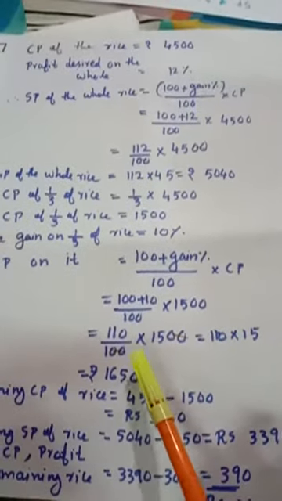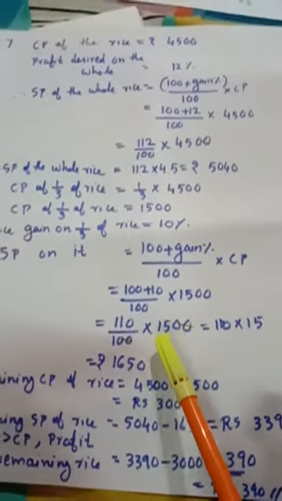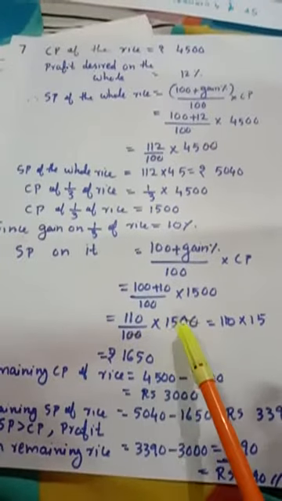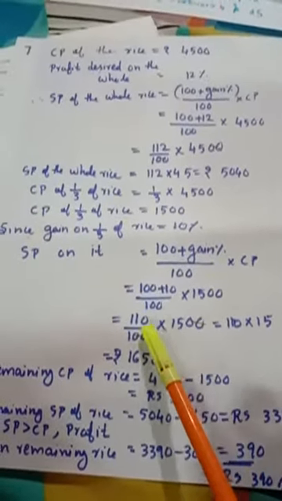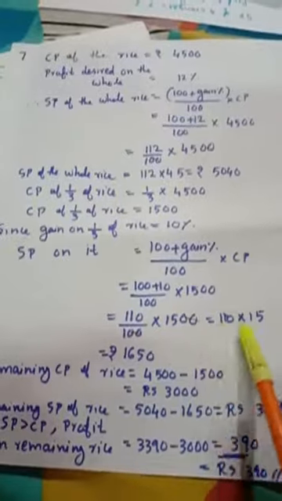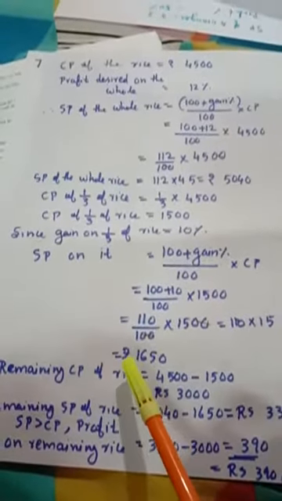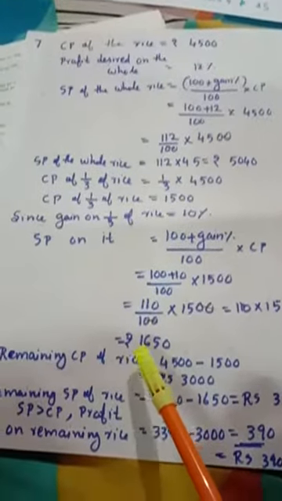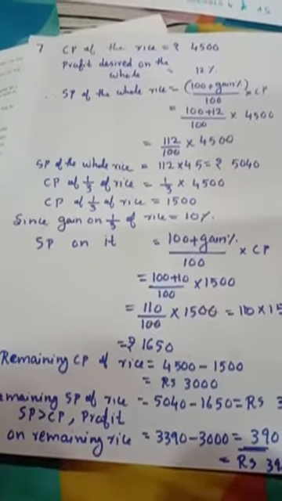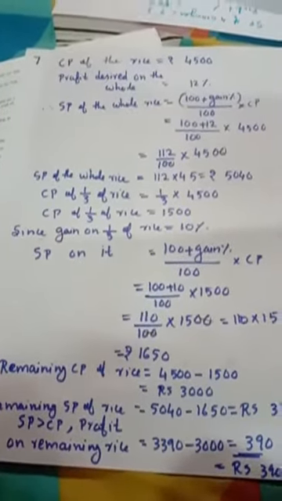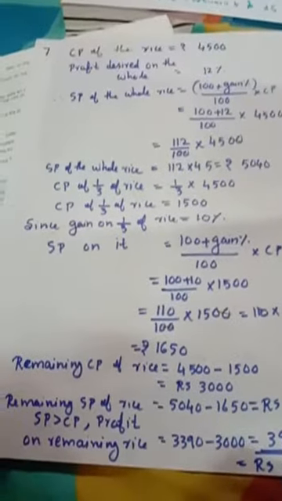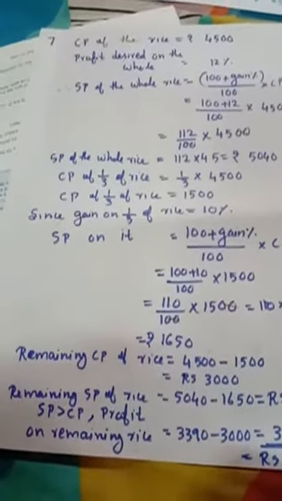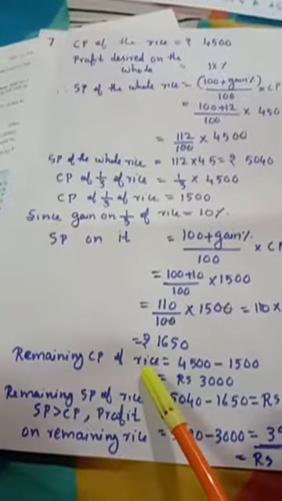So 110 by 100 into 1,500. The two 0s get cancelled. 110 into 15 is 1,650. Okay, rupees 1,650.